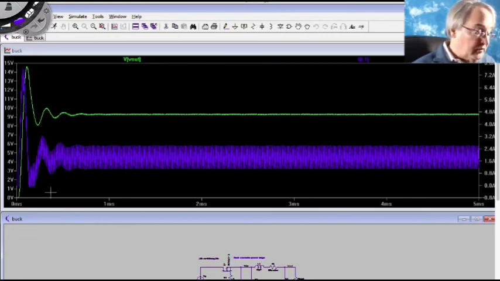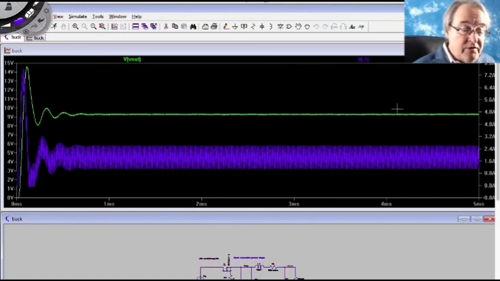All the signals are starting at 0 with the converter turned off, and then when we turn on, the circuit goes through some transient where the output voltage rises and there's some overshoot and ringing in both the current and the voltage, and eventually the circuit settles down into steady state. So here's a steady state output voltage and a steady state inductor current.